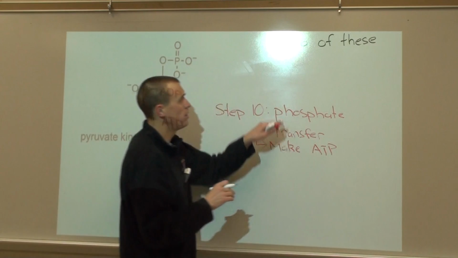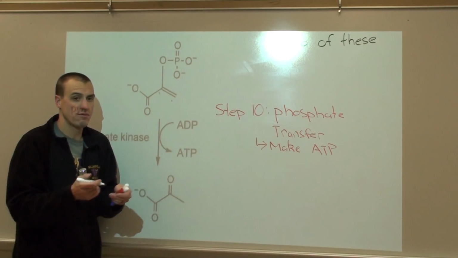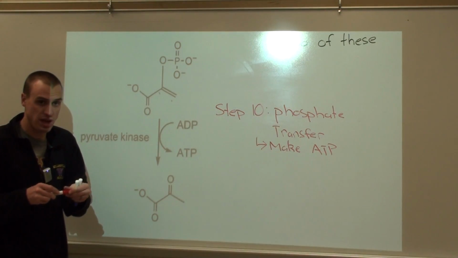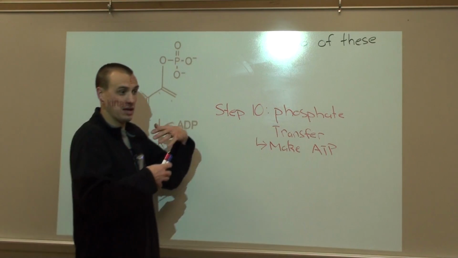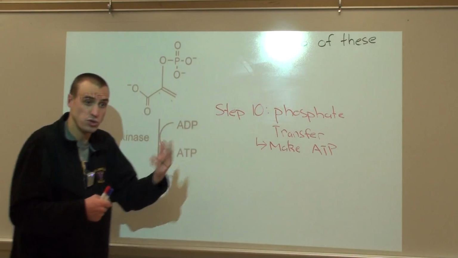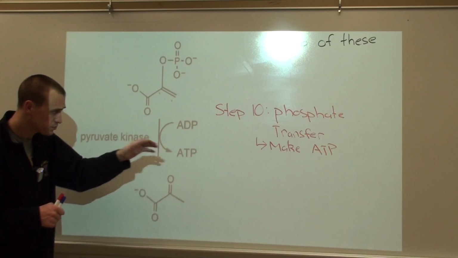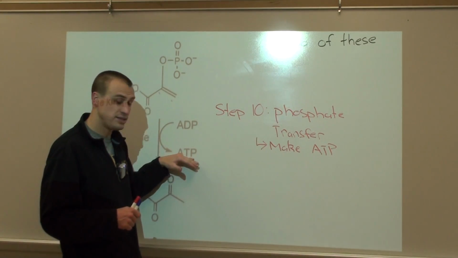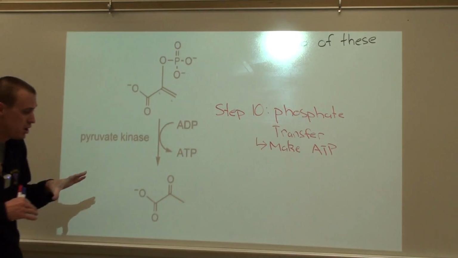And now remember, again, we have 2 of everything in this energy producing stage because of that starting material we had 2 of in the energy producing phase. So we've actually made 2 ATP just in this step alone.